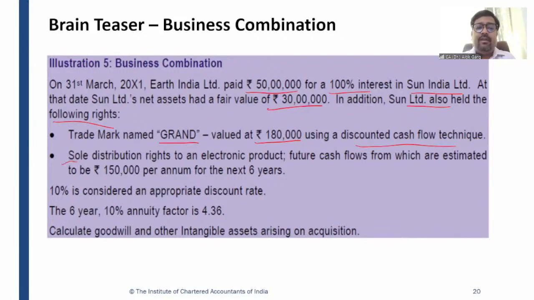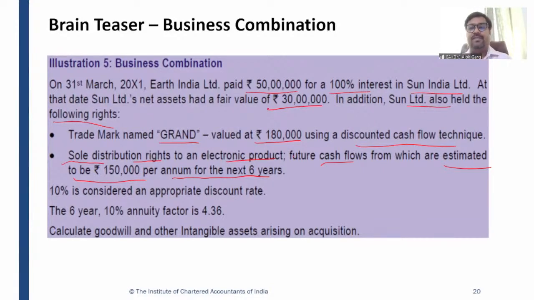The company also has a sole distribution right to an electronic product, the future cash flows from which are estimated to be 1,50,000 per annum for the next 6 years, right? So Sun India has a sole distribution right. No one else can sell that product into that market. With this sole distribution right, Earth India is getting some future economic benefit, and it is for 6 years.